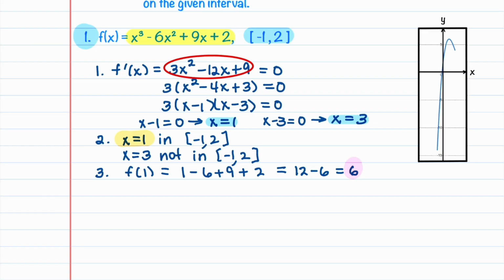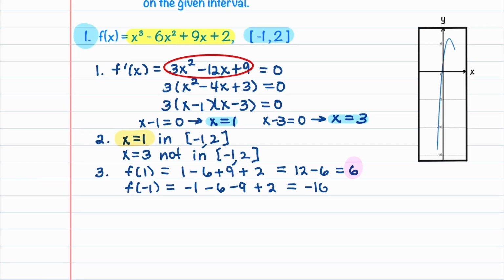Now we need to find our function at each endpoint. So let's compute f at -1. Looking back up to the yellow highlight, we have -1 cubed, so that's -1. And then we have -6, -9 plus 2. Let's see, we have a -10 minus 6, so that's -16 plus 2, gives us -14.